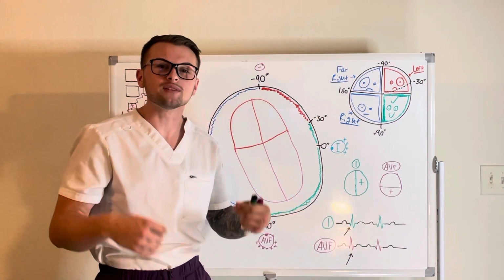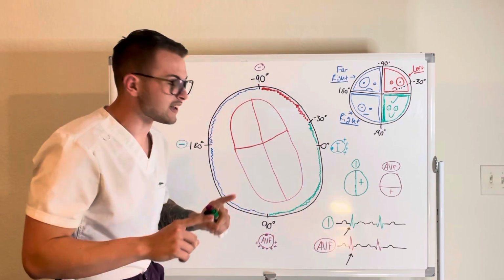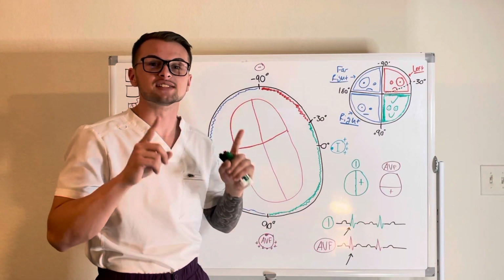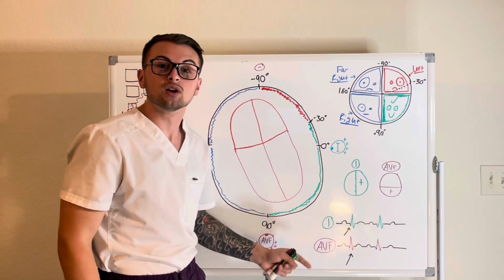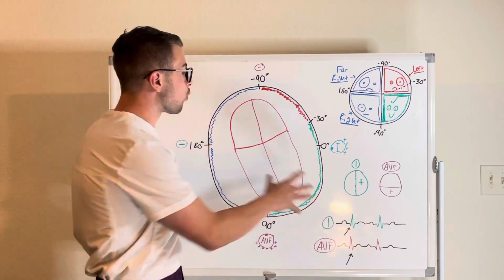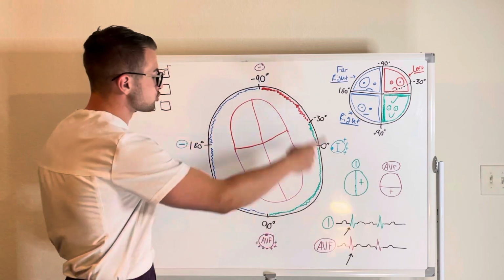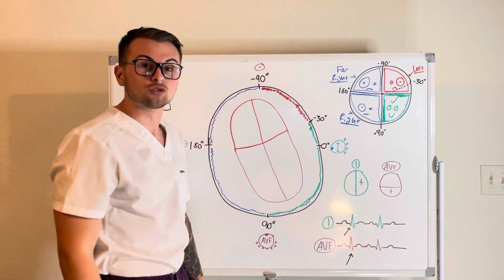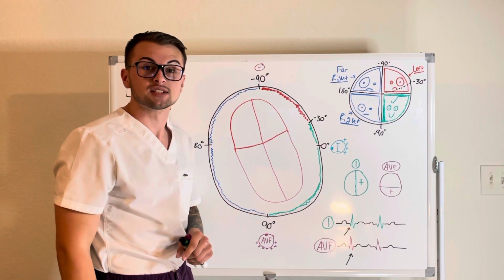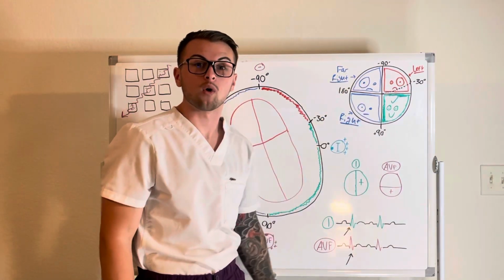So how do we find this using our EKG? Well, basically a fantastic trick that works in seconds is to use leads 1 and AVF to locate the quadrant of electrical activity. So if we draw a big circle around the heart and then we break it up into angles, just like we did for the hexaxial system video, we can divide the heart into one of 4 quadrants.